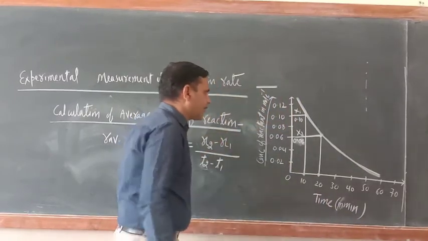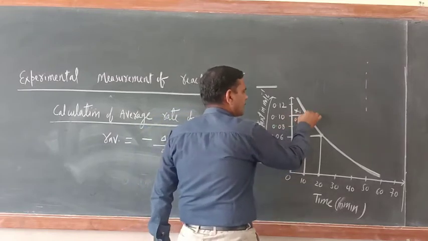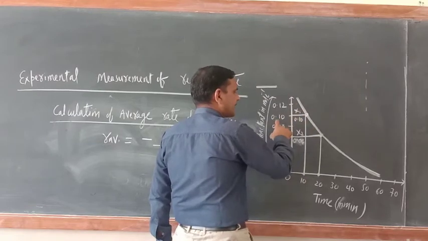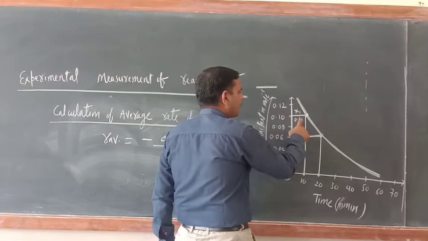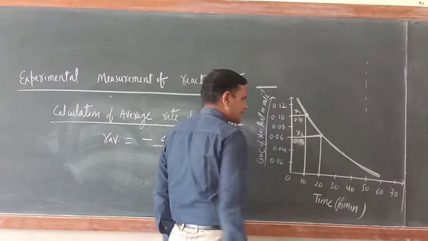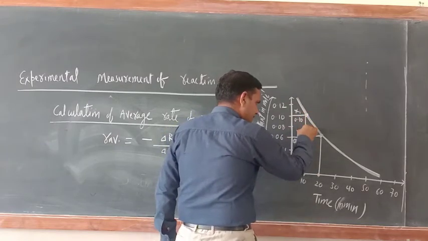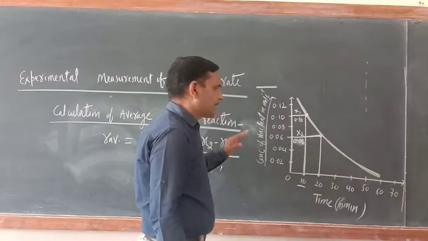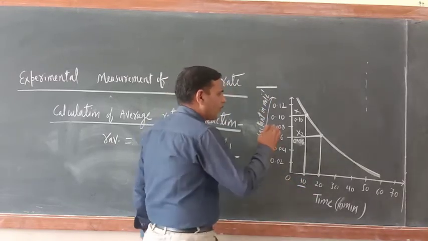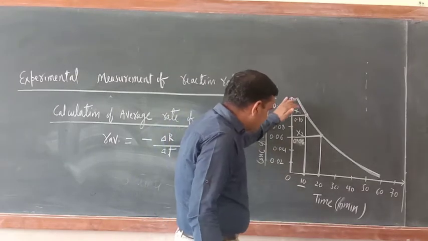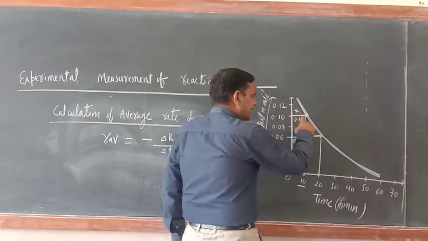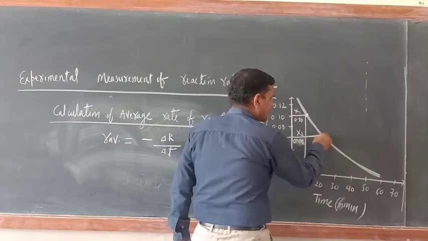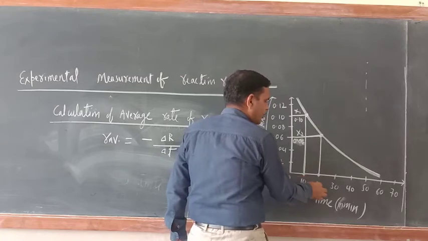Now just try to understand. Suppose I have selected this point. At that point, the concentration of reactant was 0.10 mole per liter at the corresponding time of 10 minutes. Now with the passage of time, this concentration decreased to 0.06. I am selecting this point, meaning within 10 to 20 minutes.